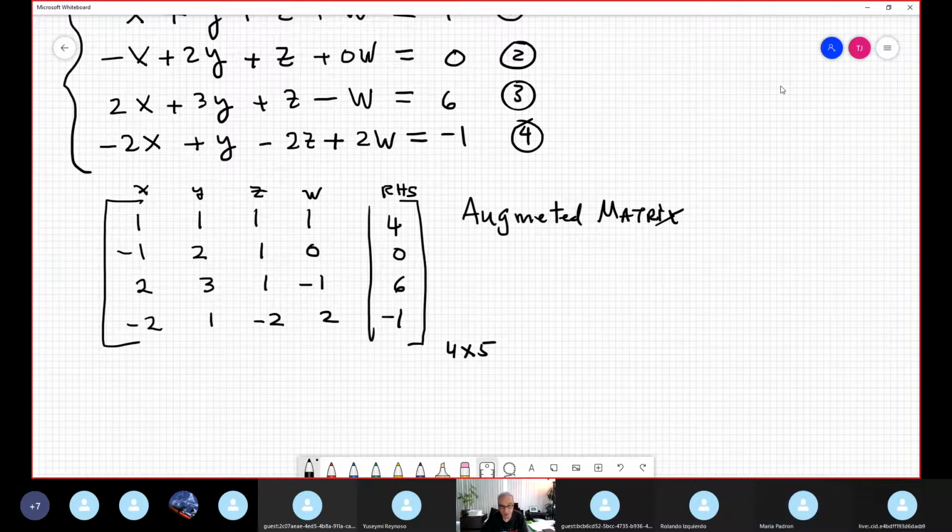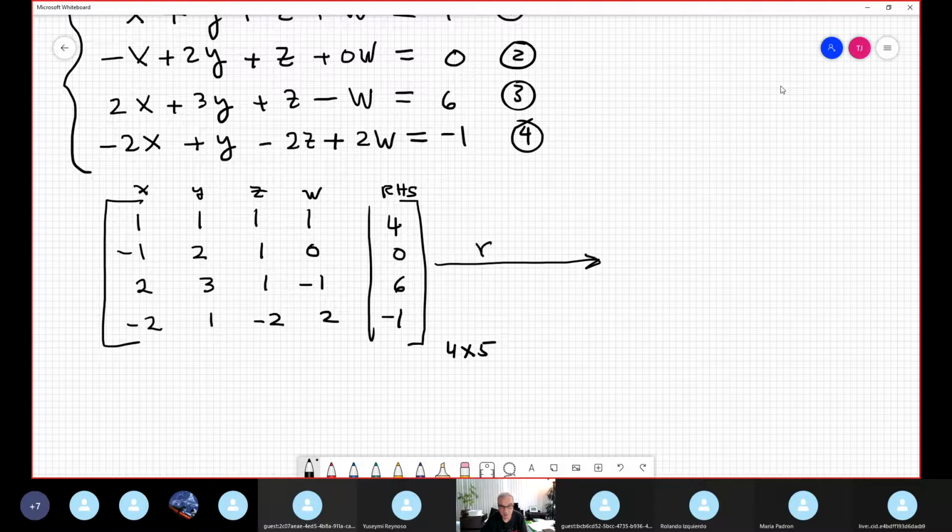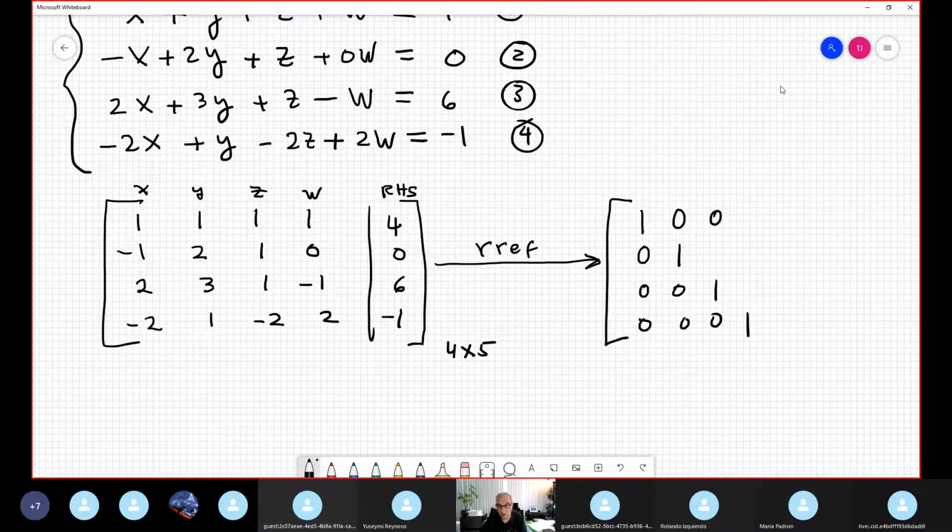So the operation I'm doing in the software was to put the arrow, RREF, reduced row echelon form, and you get the famous identity matrix, 1, 1, 1, 1 and the rest is 0, below and above the pivot. In the right-hand side, I saw 2, 1, 0, and 1.